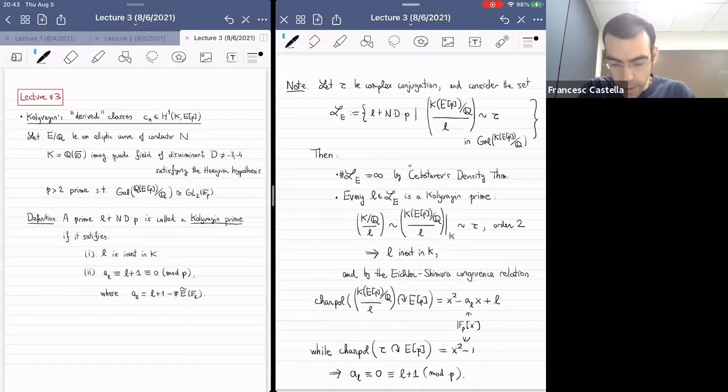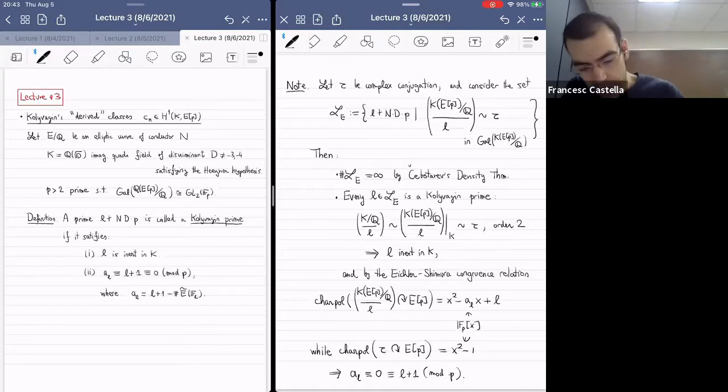All right, so this in particular, as I said, guarantees that there are infinitely many Collvagen primes. But perhaps more important for what's going to come next is that any prime in this set L_E is going to be a Collvagen prime.